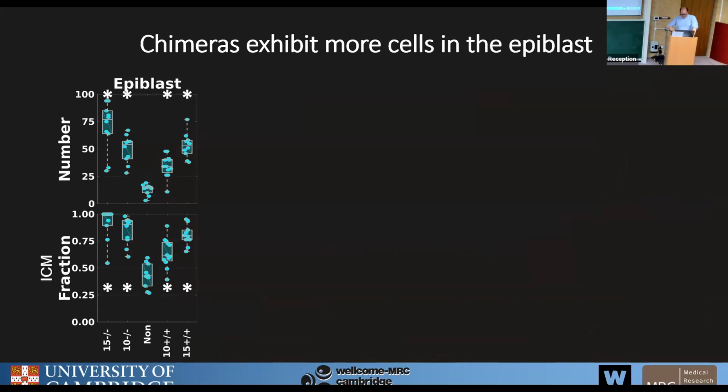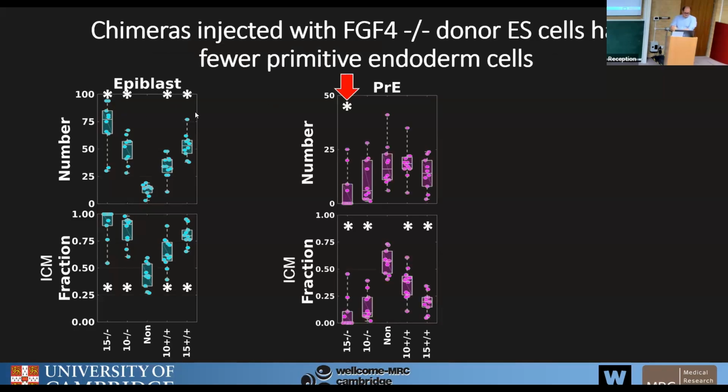So this is the getting into the quantification. So we see again the epiblast in these embryos have greater numbers across the board in the injected embryos, and again we see a reduction in the number of primitive endoderm cells specified in the FGF null donor cell injected embryos.